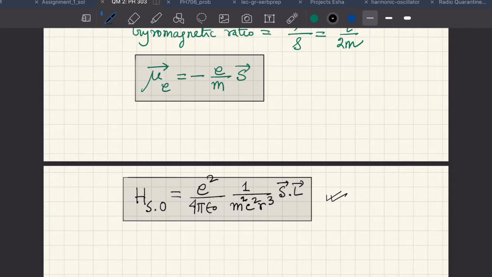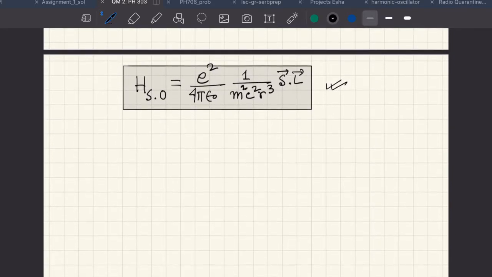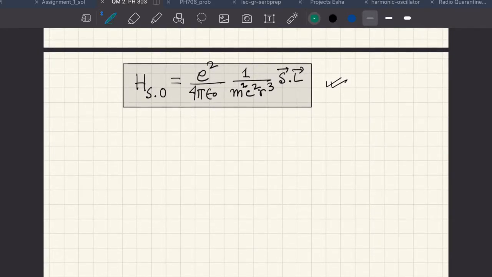The electron is accelerating because it is not having rectilinear motion. As the electron orbits around the nucleus, we can safely say that it is not an inertial system. Now you can get away with this if you make an appropriate kinematic correction, and that kinematic correction was first done by Thomas. That is why it is known as Thomas precession.